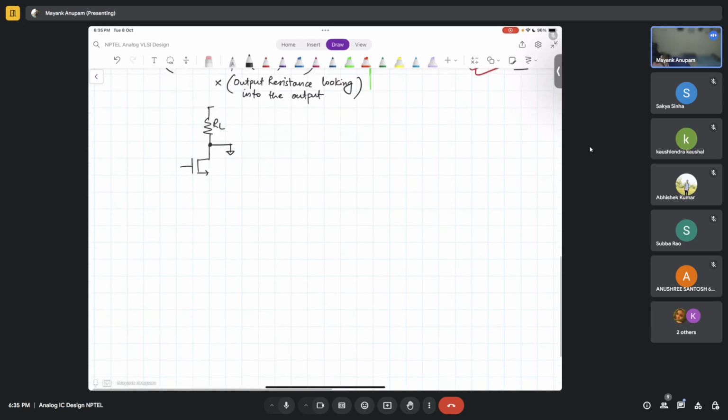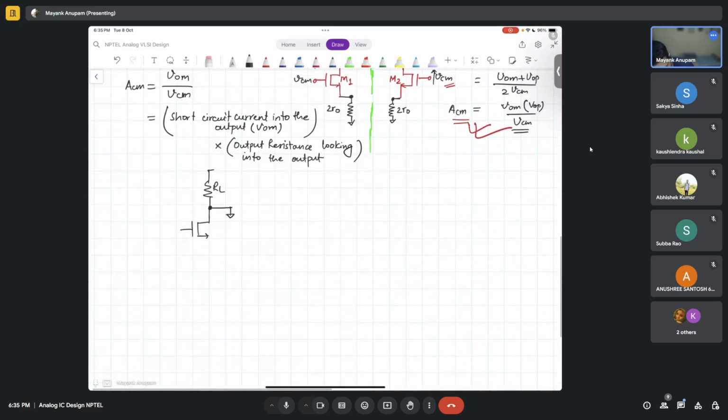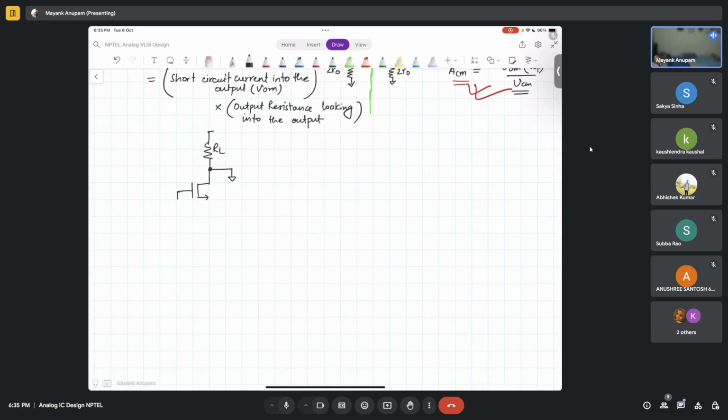I hope that distinction is clear to you because this was also explained in the lectures. Incrementally short means this node here will be connected to a simple voltage source, some bias voltage basically at this node. So in this incremental picture it is shorted to ground, and here we have applied a small VCM, right? And this is 2R naught.